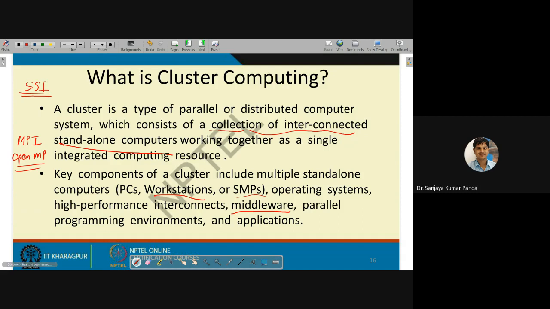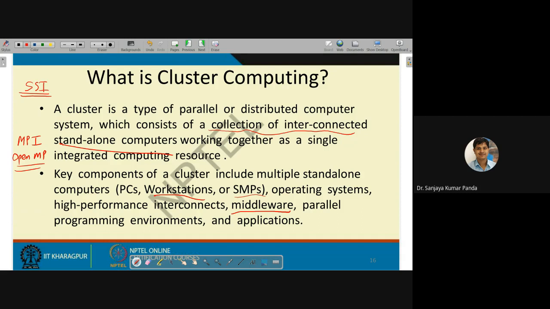You do not show what is there in the environment. That's why I told you they are integrated together to show as a single resource. That is the main goal behind cluster computing. But the nodes are homogeneous in nature, whereas in the grid case, the nodes are heterogeneous in nature.